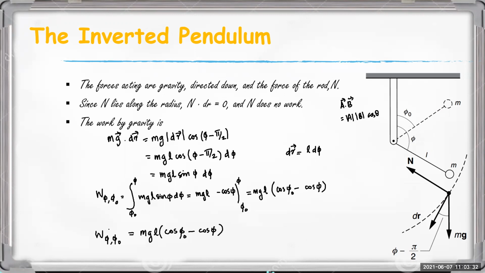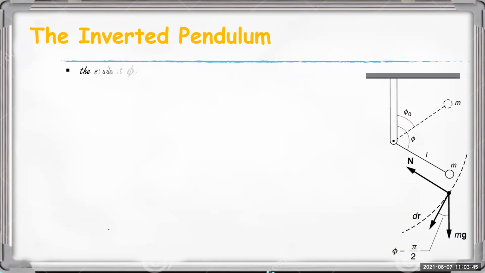Now we substitute the value of work done into the expression for velocity. We have expressed v phi is equal to root of 2 W phi phi 0 divided by m.